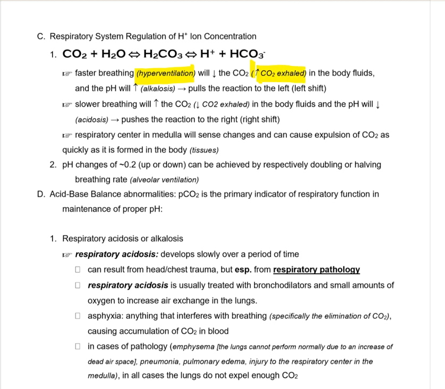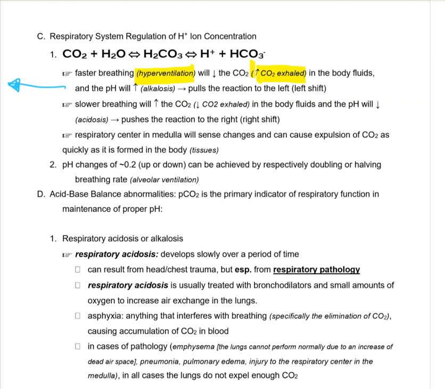That means this equation is going to run in this direction. I'm going to put an arrow over here. That's the way the equation's going to move. That means we're going to grab a lot of this hydrogen proton and get rid of it by breathing out the carbon dioxide.